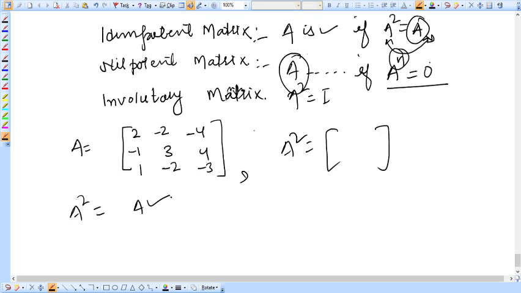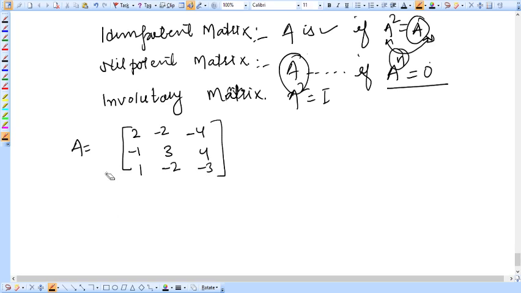Listen, if A is equal to this, then what would A square be?